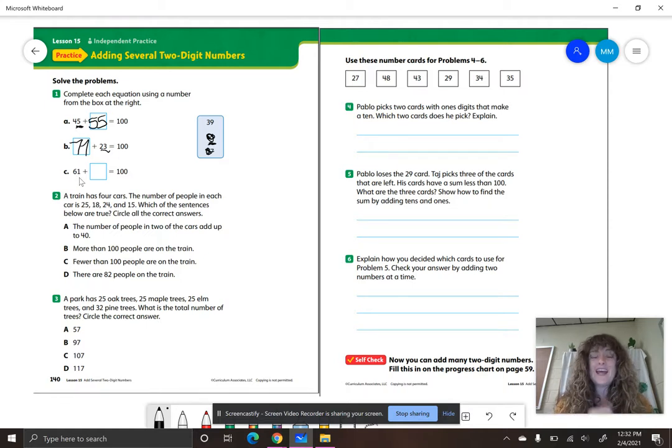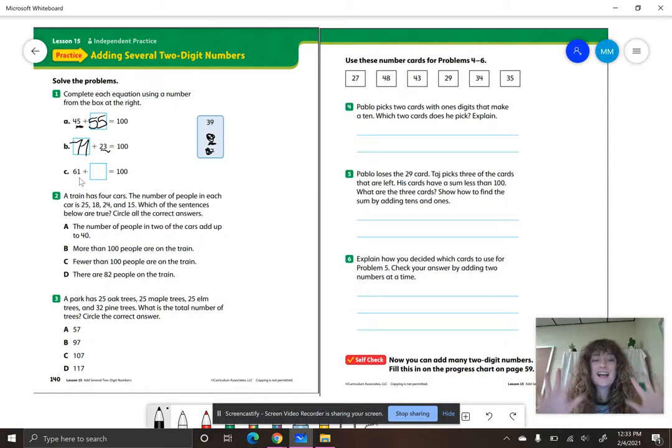So I need a group of ones that I can put with 1 to make a 10. So I can start at 1, the part that I know, and count up to 10 to find the missing part. Let's start at 1 and count on to 10. 1, 2, 3, 4, 5, 6, 7, 8, 9, 10. How many ones do I need to make 10?